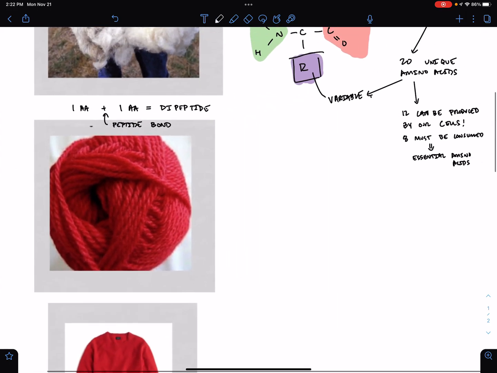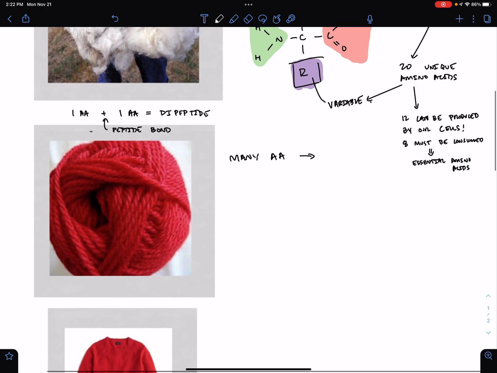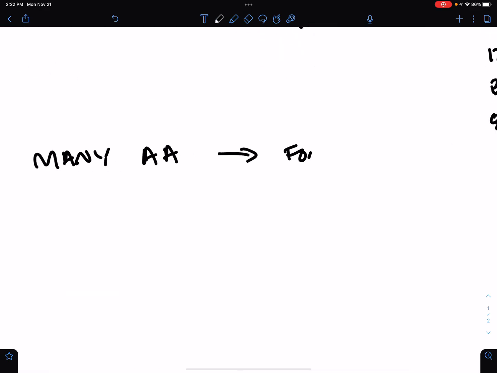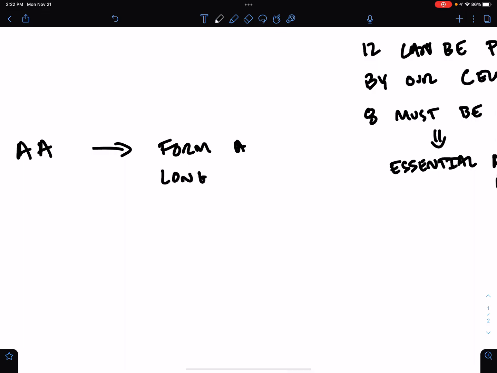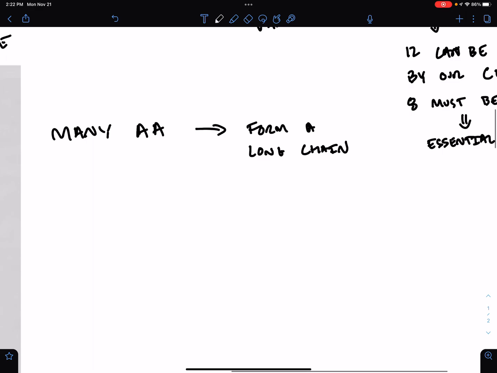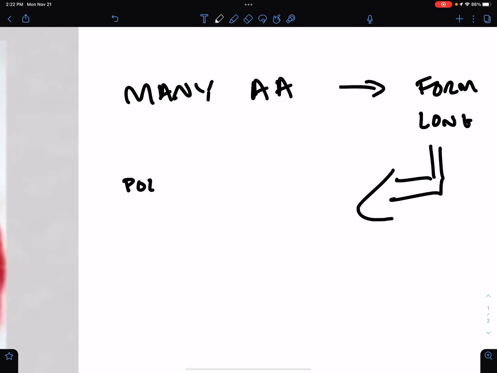So if we take a bunch of amino acids and we form a long chain, we would get what's called a polypeptide.